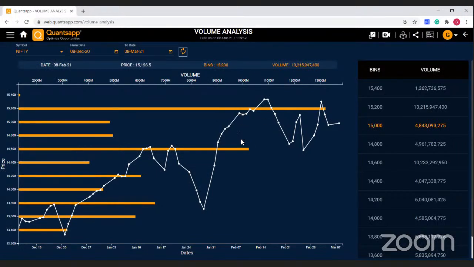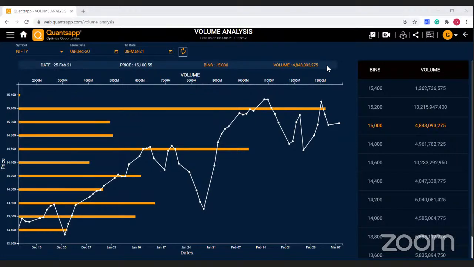So this is the range we are looking at from the last almost 1 month, with Nifty sustaining at 15,000, falling back, going up, and falling back again. These two levels are acting as strong resistance and support for the Nifty. So until it breaks them, just keep a watch here.